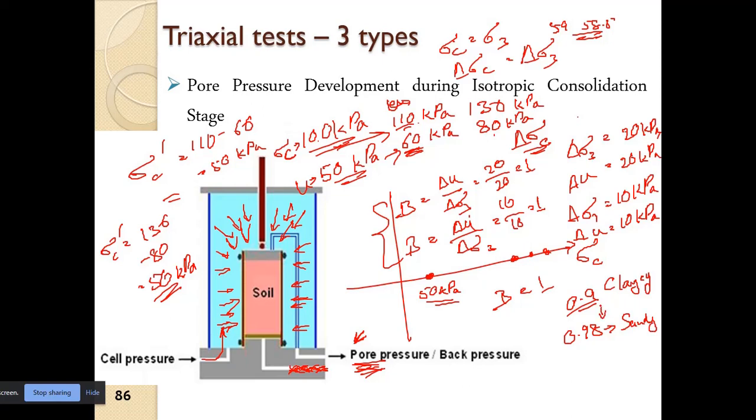So if it is in this range, then we can say that the soil is saturated. So this is a very important parameter, the B parameter. We need to check it before doing the test.